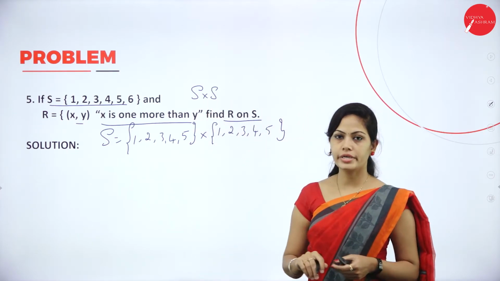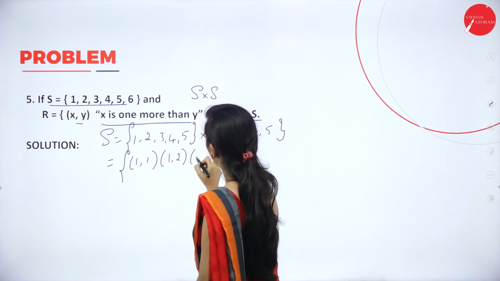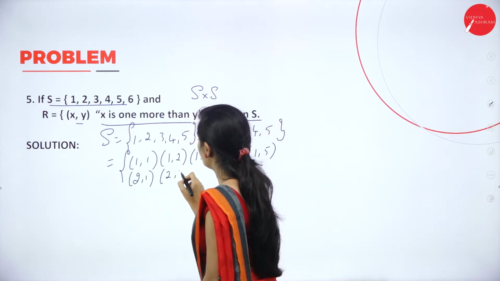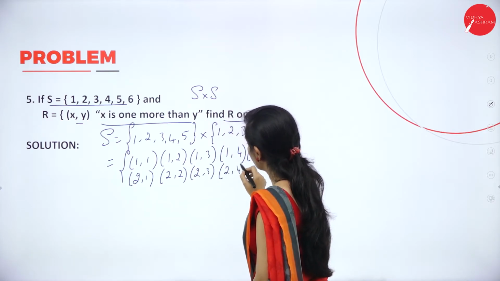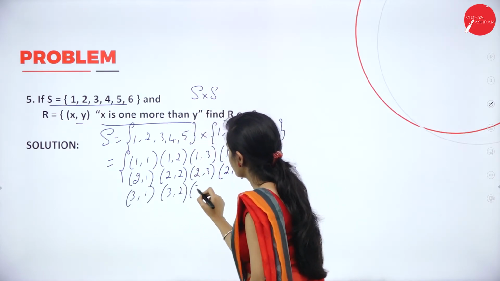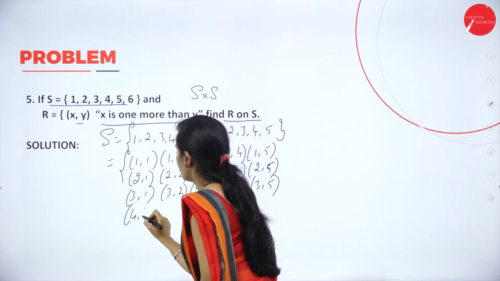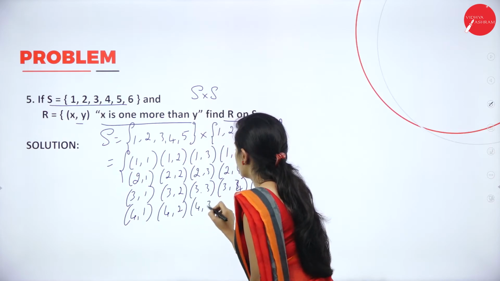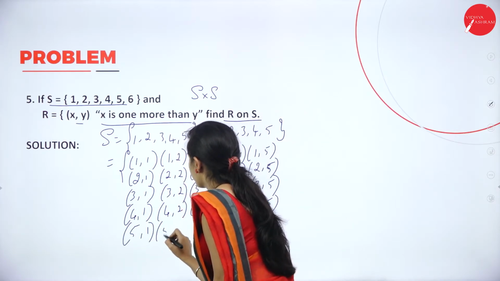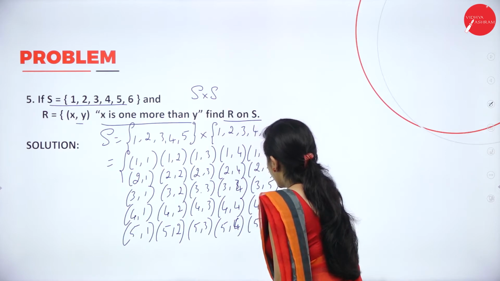So first find out the ordered pairs. The ordered pairs are 1, 1, 1, 2, 1, 3, 1, 4 and 1, 5. 2, 1, 2, 2, 2, 3, 2, 4, 2, 5 and 3, 1, 3, 2, 3, 3, 3, 4, 3, 5. 4, 1, 4, 2, 4, 3, 4, 4, 4, 5, 5, 1, 5, 2, 5, 3, 5, 4, 5, 5.